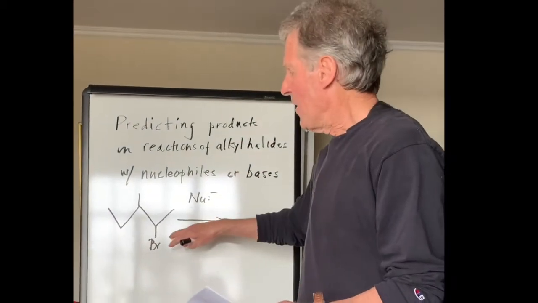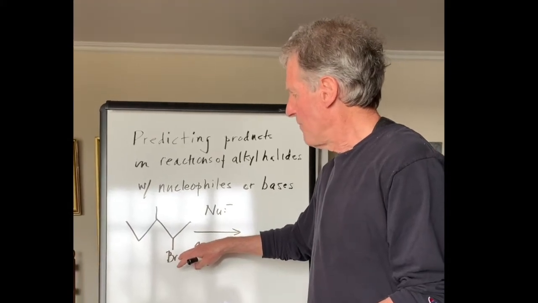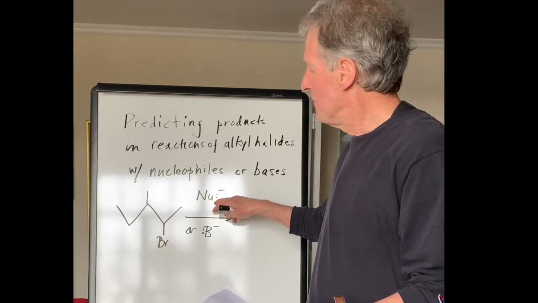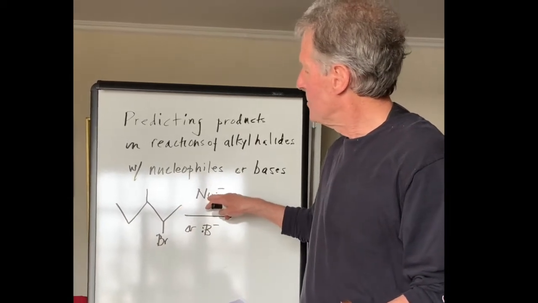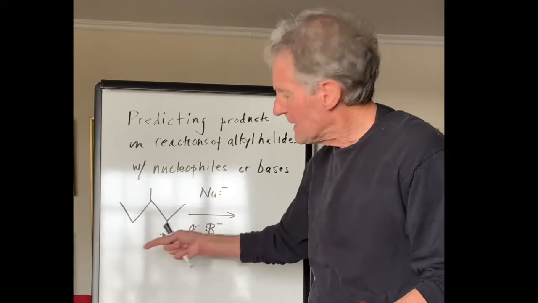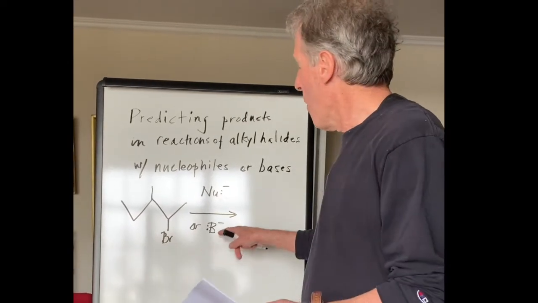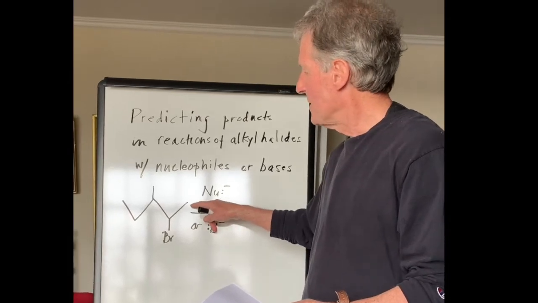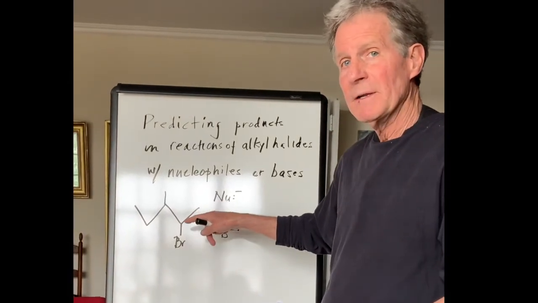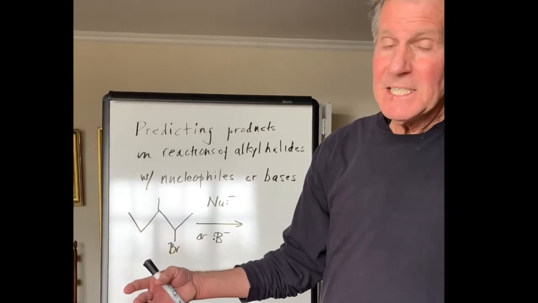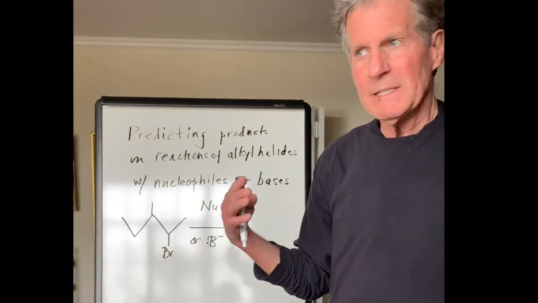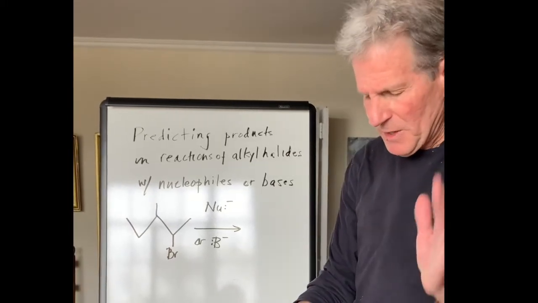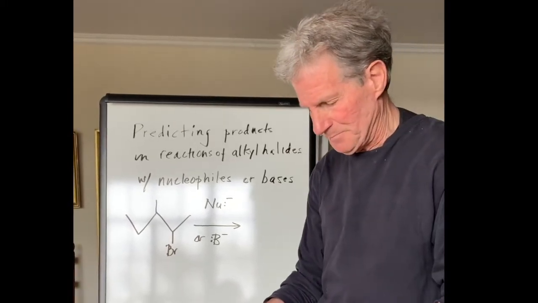What we're looking at now is the ability of, for example, bromine to form a bond to a carbon, or the ability of a nucleophile to displace that, so the nucleophile would be forming a bond to a carbon and kicking that bromine out, or the ability of a base to pull a proton away from a carbon. She's not crazy, of course, but it's a bit of a stretch of the notion of basicity. But it's okay, we understand what she's doing.